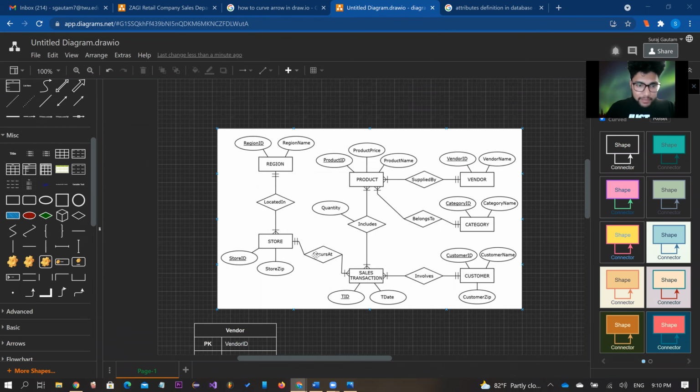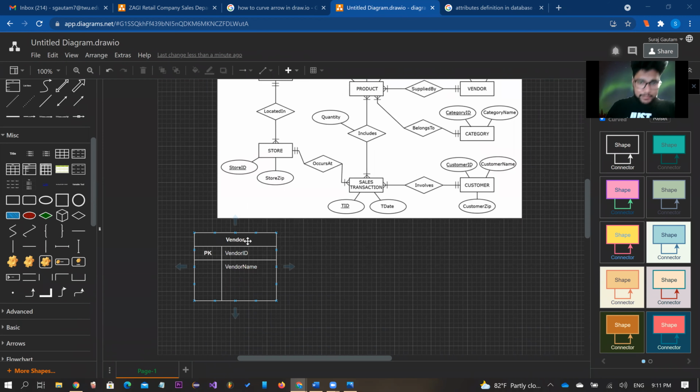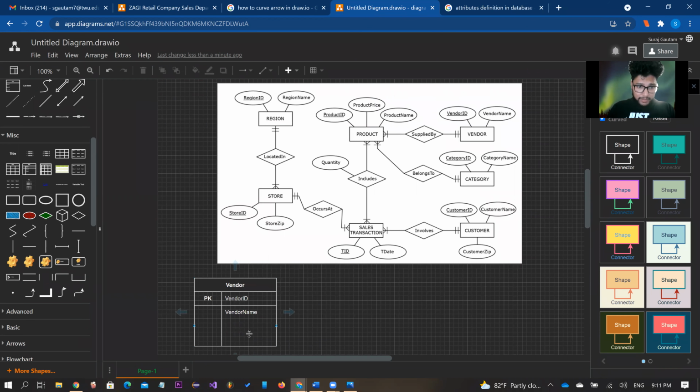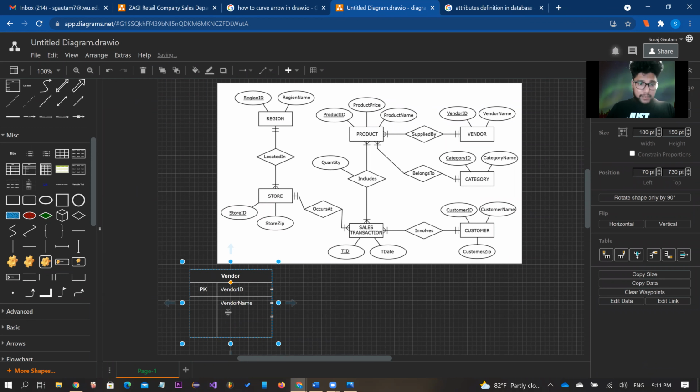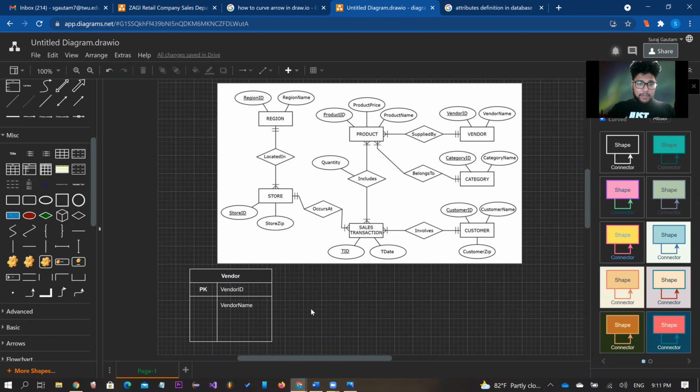Now we have done with the vendor column. Let's see if I can squeeze this down. Work with this. Okay, we're gonna make another one.